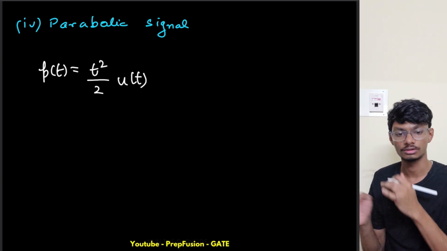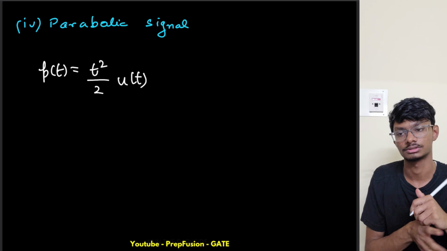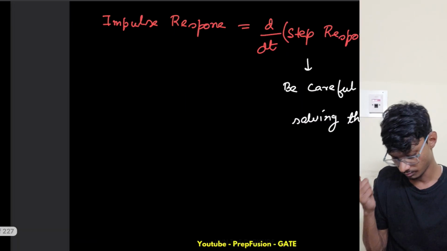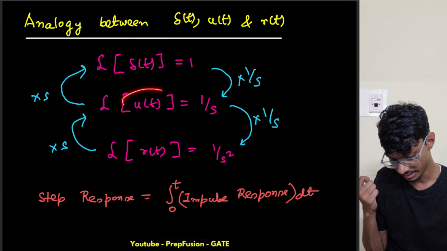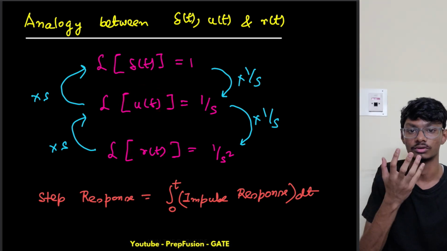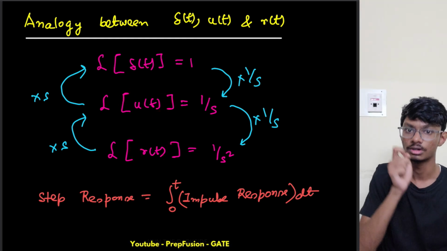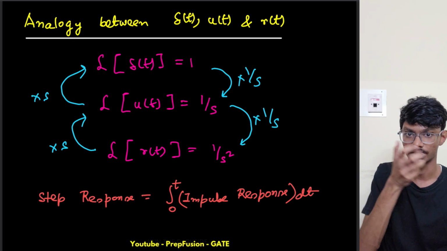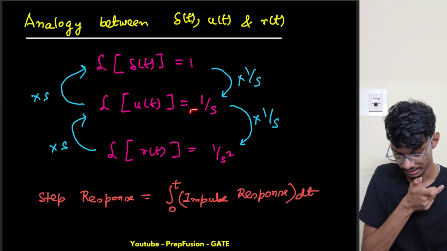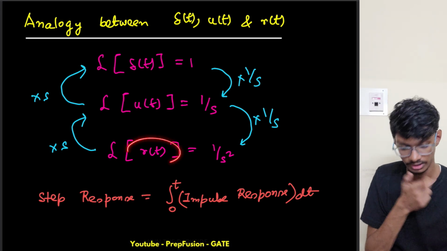For us to easily get the 1 by s term, we're simply integrating this. So in the Laplace domain, I multiply by 1 by s to get the Laplace transform, as I did here: integrate this and we get r of t.